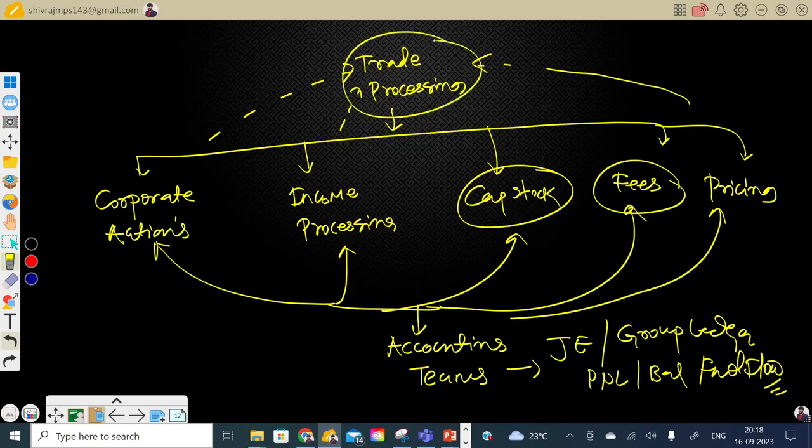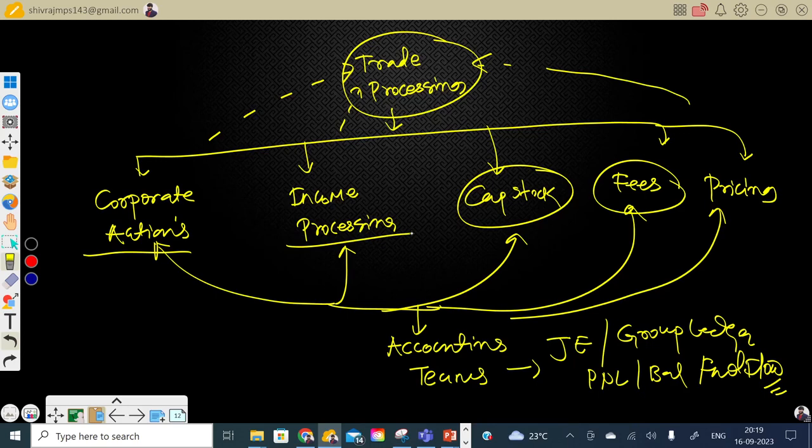So see how now you can easily relate. As an accountant you will have to work with all other teams to ensure that you have the data recorded, because the corporate action team's responsibility is to record corporate actions, the income processing team's responsibility is to record income and interest payment in the internal accounting system. The cap stock team's responsibility is to record cap stock activities. The fees team's responsibility is to calculate fees for each and every activity and record it in the books of fund. The same applies for pricing teams, to check the different sources and ensure the security prices are up to date.